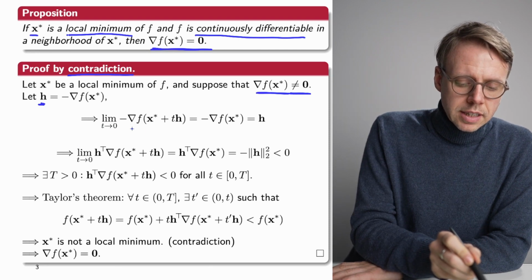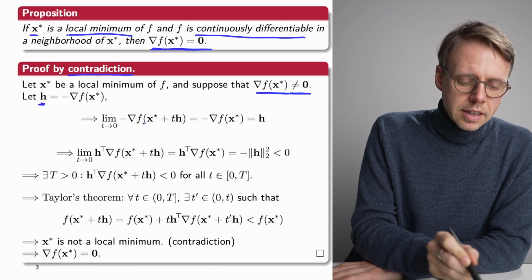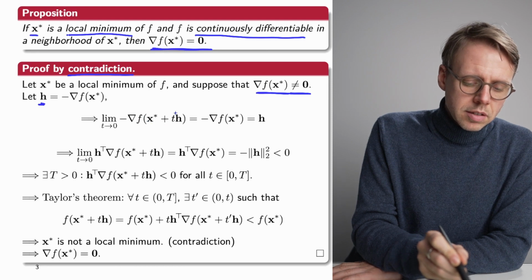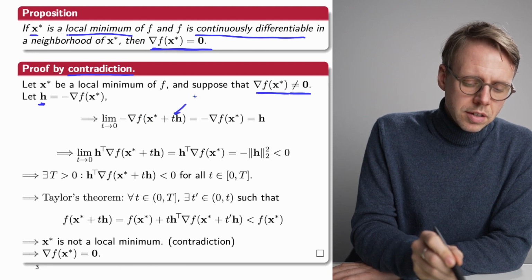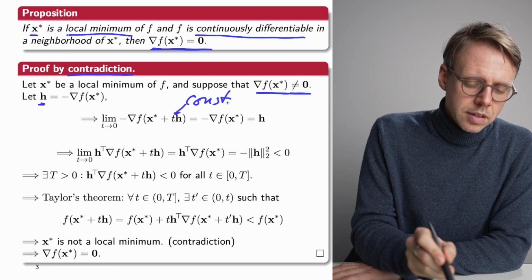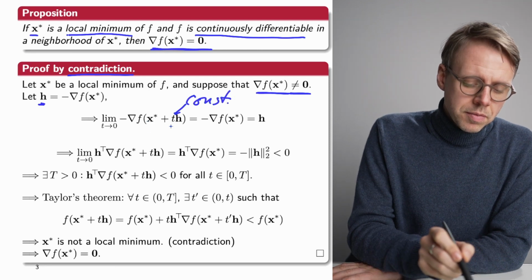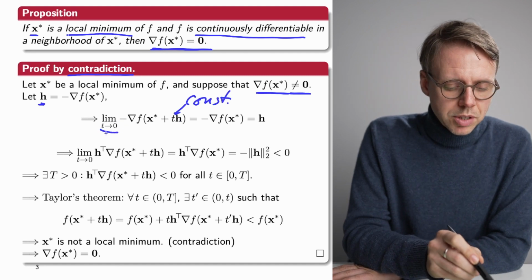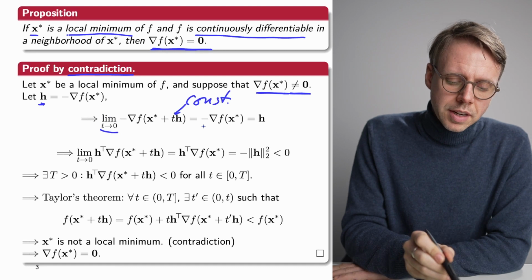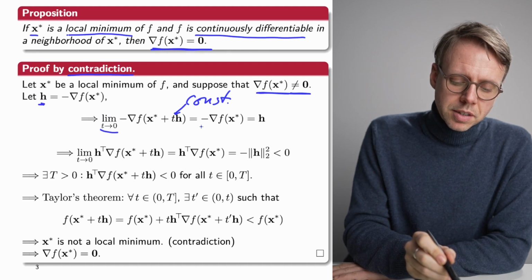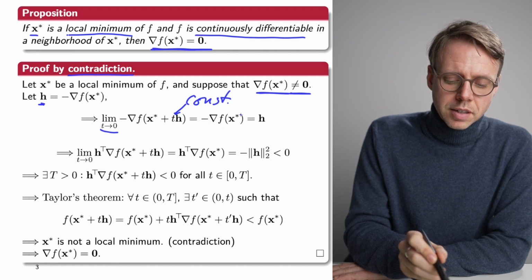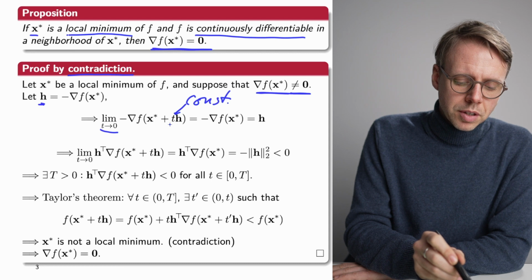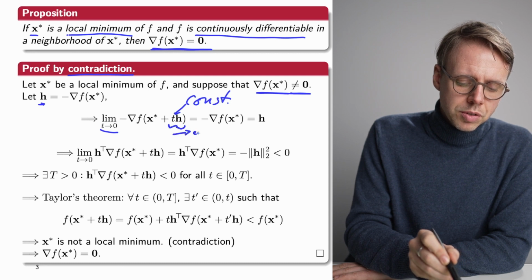So if we look at minus the gradient of f at x star plus a constant t times h, and let this t go to 0 by taking the limit of t going to 0, then the result of this limit should be the negative gradient of f at the point x star, because this term here goes to 0.